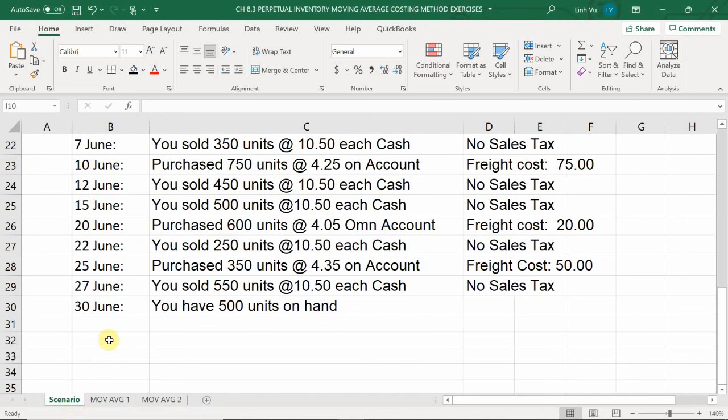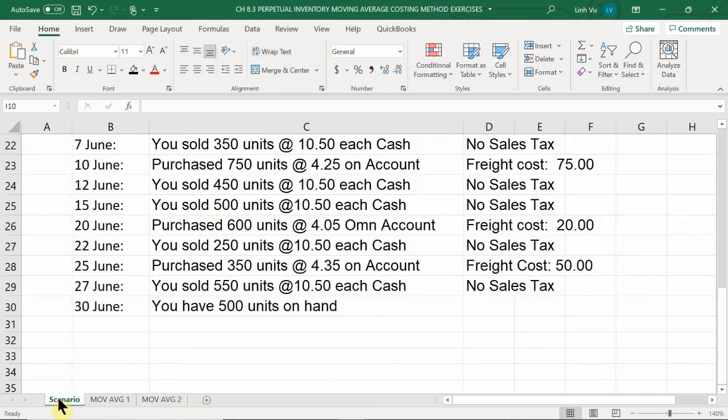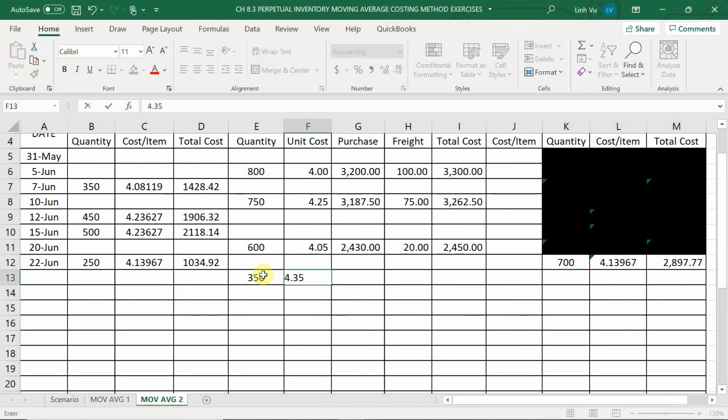June 25th, we end up purchasing an additional 350 units at $4.35 each, with the freight costing you $50. I forgot the number that I purchased. So I purchased 350 units at $4.35, with a freight of 50 on June 25th.